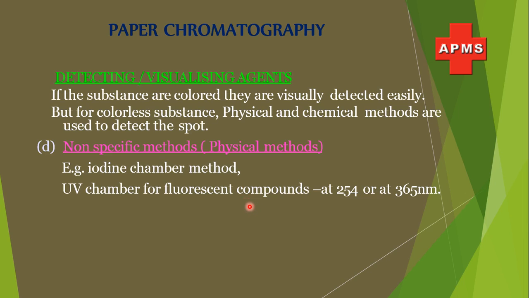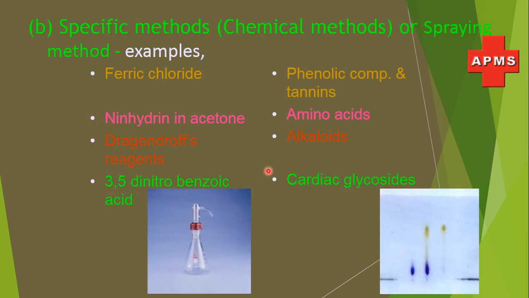When this electron comes back to its original or ground state, it radiates some energy in light form, then we can see this. So these are called fluorescent compounds. So using the UV chamber, we can see the various spots which are developed during our paper chromatography.